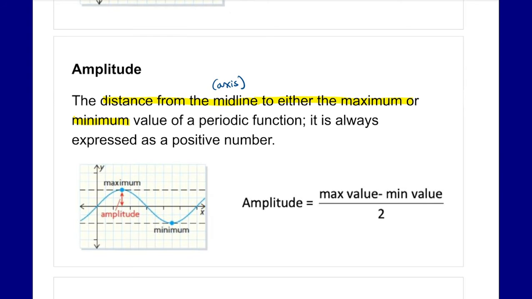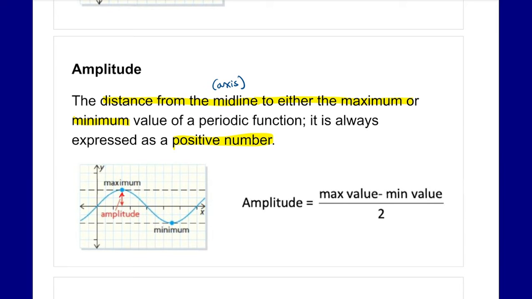One thing to keep in mind, even though we're looking at the amplitude from the midline or the axis to the maximum or minimum value, it's always going to be a positive number. So it doesn't matter what those values are, it's always going to be a positive value, right? Because we're just expressing the distance in general, not the direction. Negative usually implies kind of a direction.